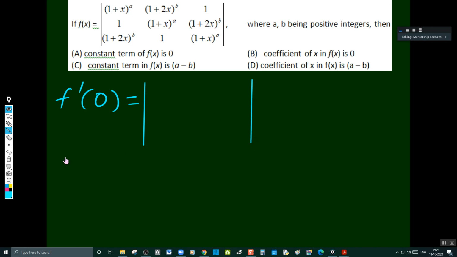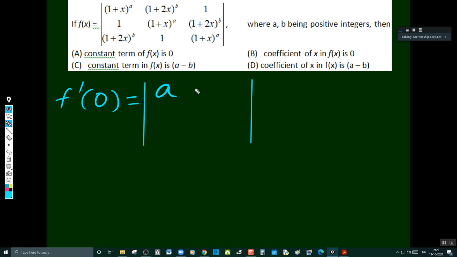Come on, tell me. A into 1 plus 0, that is A only, no? Are you there, everyone? Then we will be writing a to b 1. This is 2b, no? Is it 2b or not? It is 0.